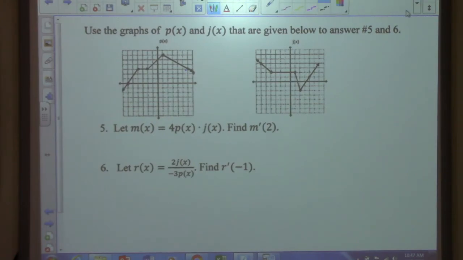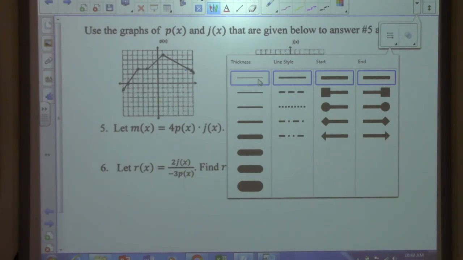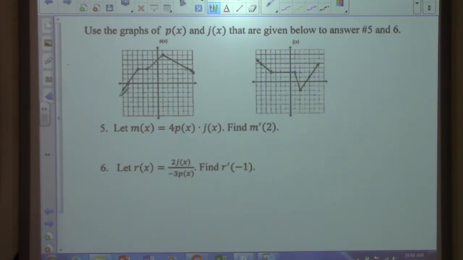And check out something. Yeah, for this one you have to know this.